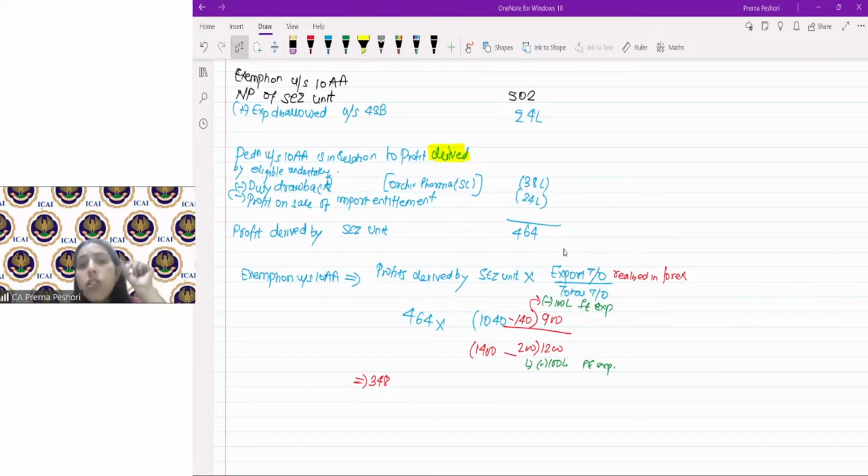So explanation 3C to section 43B has clarified that interest remaining unpaid and converted into loan or any borrowing shall not be deemed to have been actually paid.